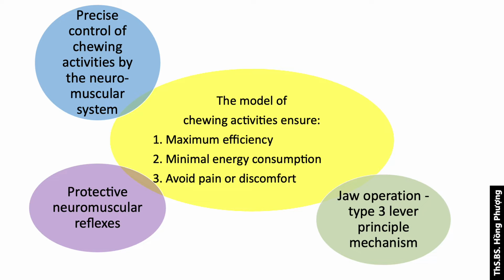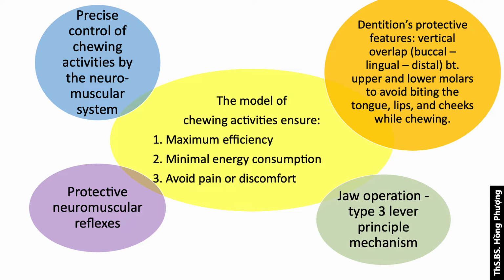The operation of the lower jaw follows the type 3 lever principle mechanism, as well as the protective feature of dentition, especially the features of vertical overlap from the buccal, lingual, and distal sides between the upper and lower molars to avoid biting the tongue, lips, and cheek while chewing.